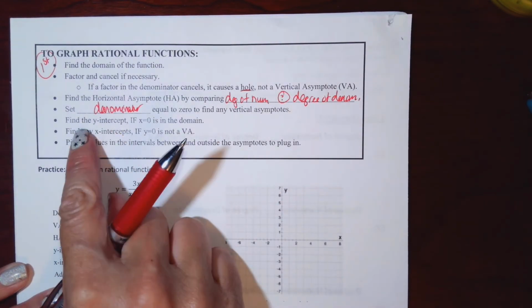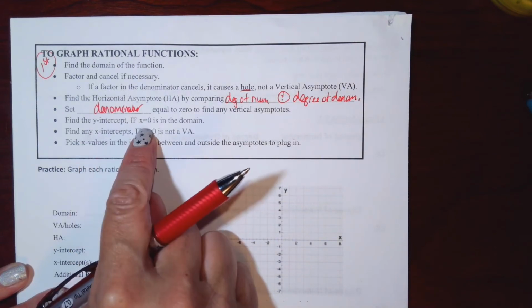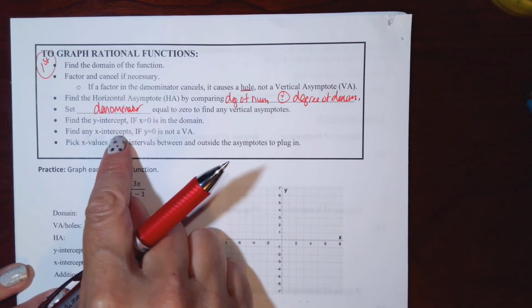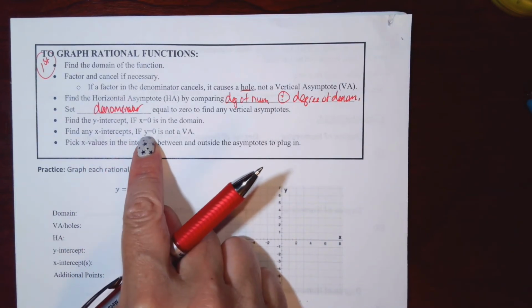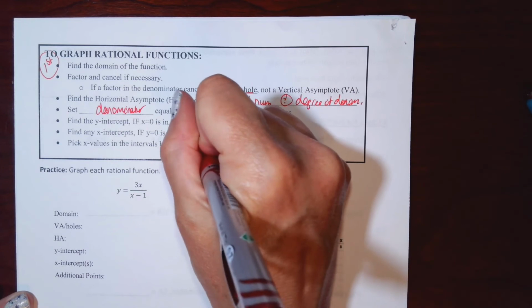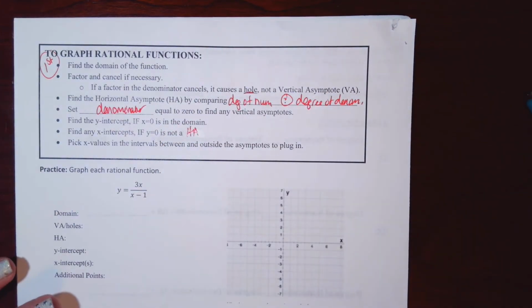Find the y-intercept if x equals 0 is in the domain, as long as that's not excluded from the domain. Find the x-intercepts if y equals 0 is not a vertical. That's wrong. I need to fix that. That needs to be a horizontal asymptote. Make that correction, guys. Y equals 0 if it is not a horizontal asymptote.